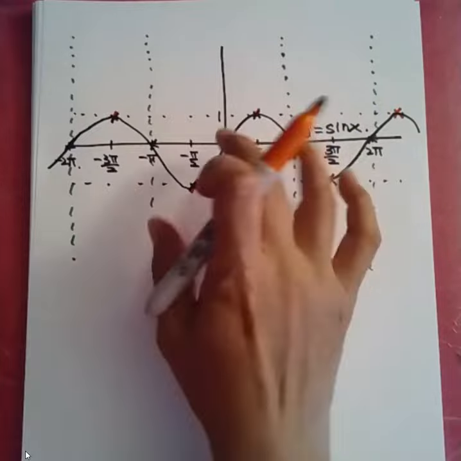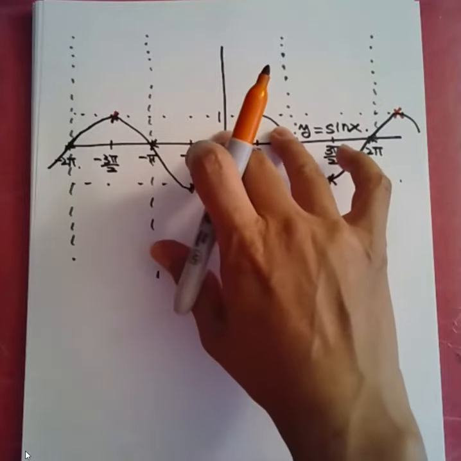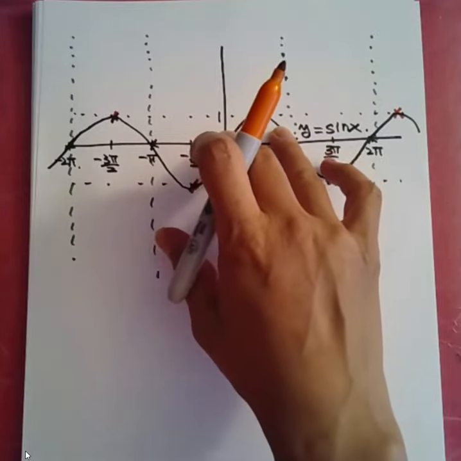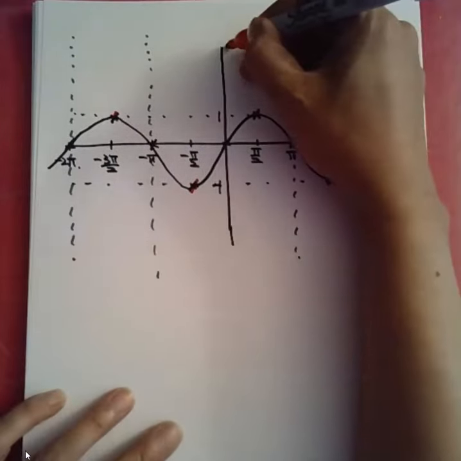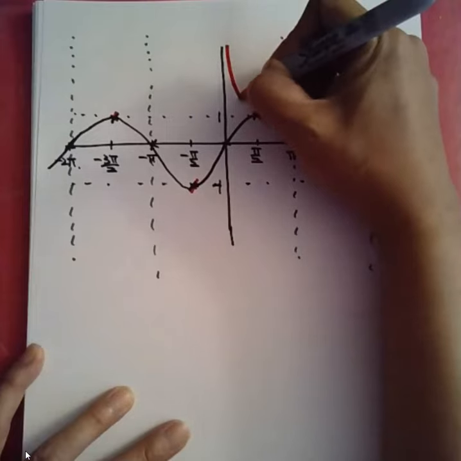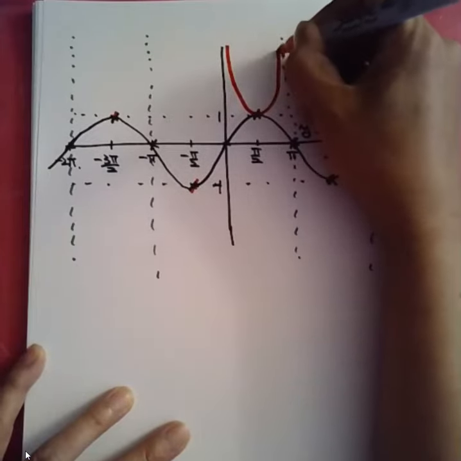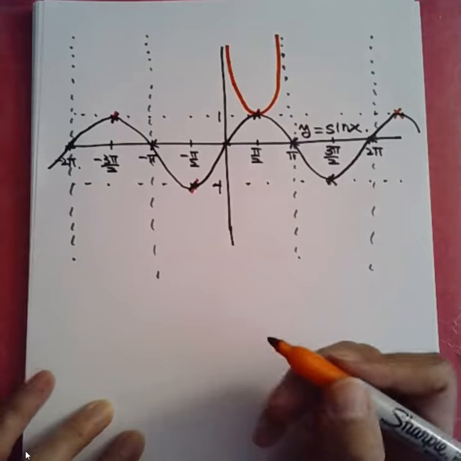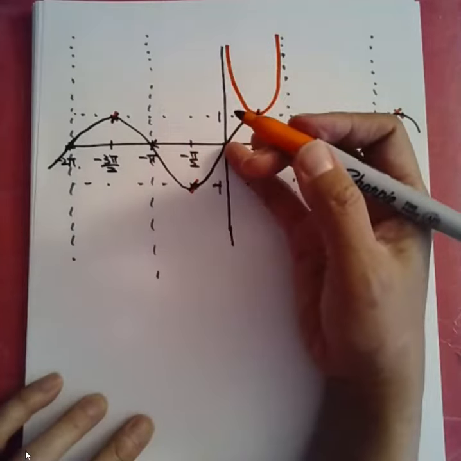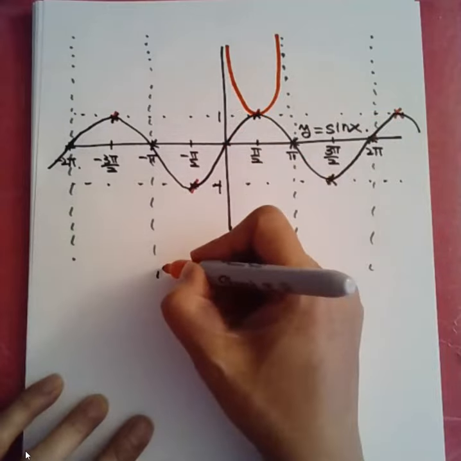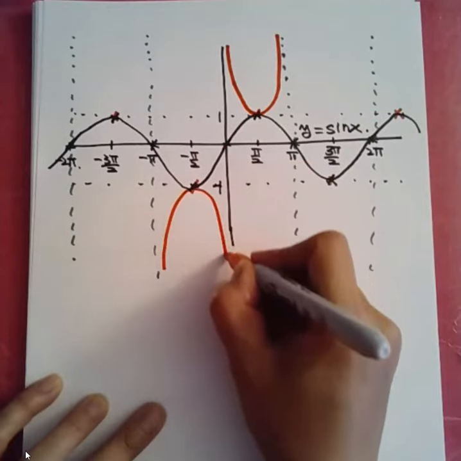If the original function is positive, then 1 over something will also be positive. When that happens, the graph shape looks like this. If the function value is negative, then 1 over something will become negative, so it becomes like that.